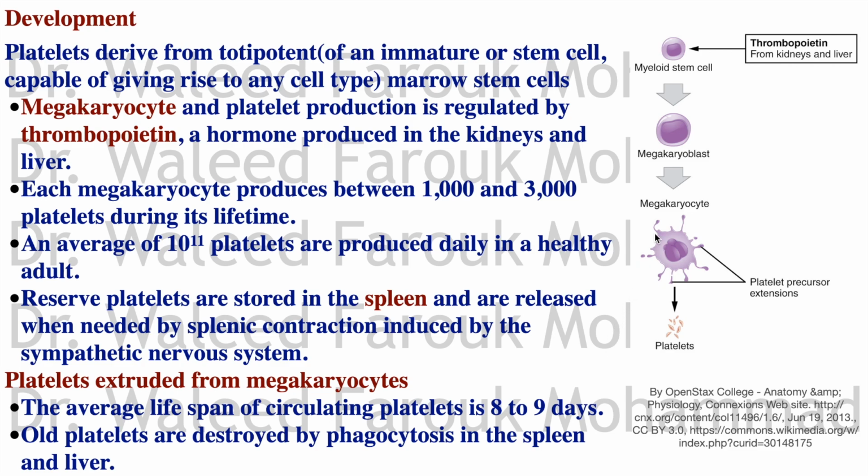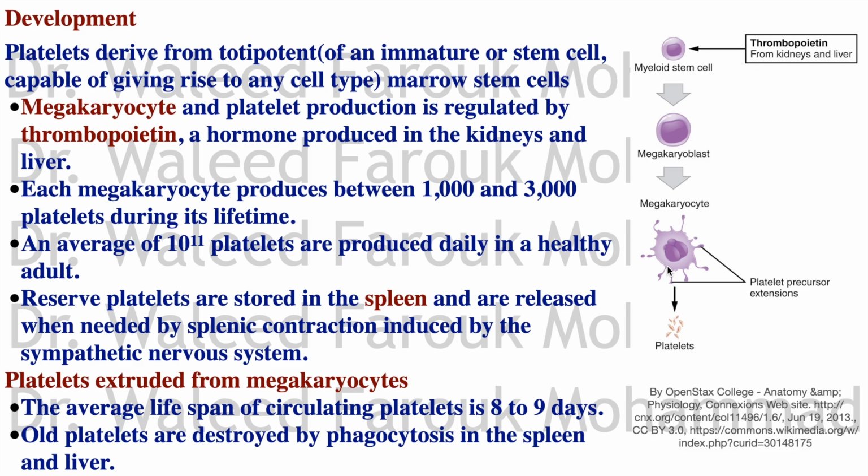Each megakaryocyte produces 1,000 to 3,000 platelets during its lifetime, and about 10 to the power of 11 platelets are produced daily.